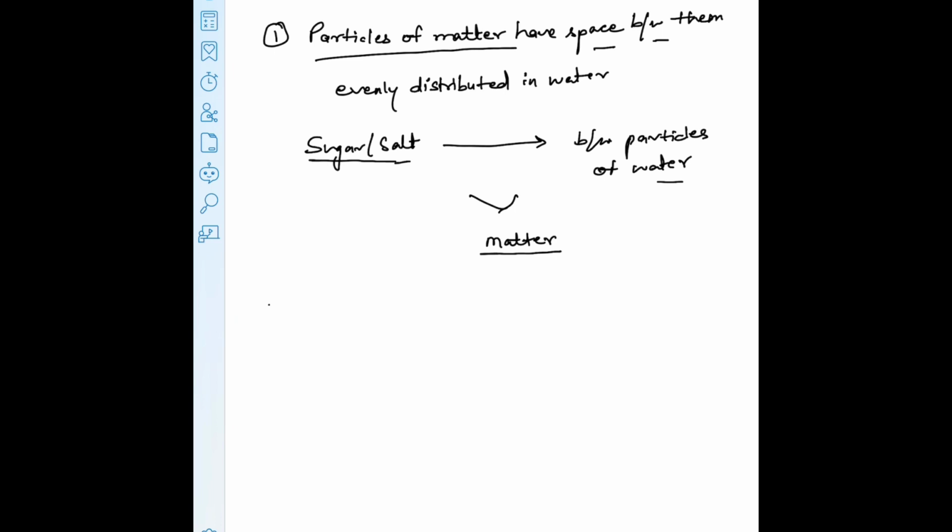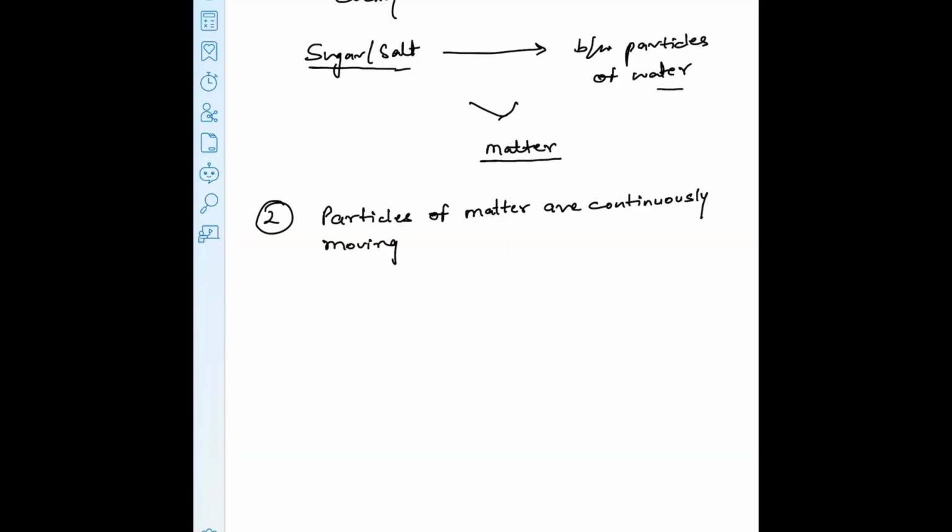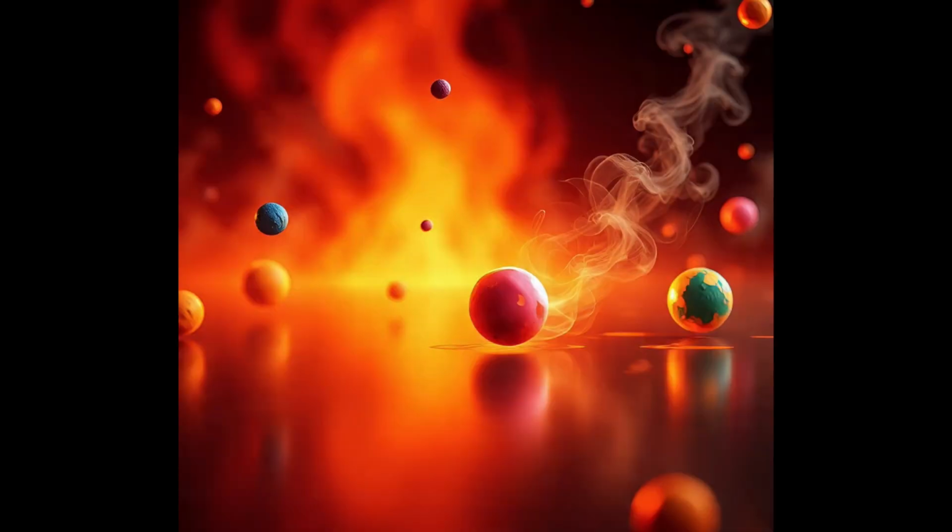Second characteristic is particles of matter are continuously moving. This means the tiny particles of matter are never at rest. They are in a state of continuous motion, and this motion is called kinetic energy. This motion increases when the temperature increases. We can also say that heating makes particles move faster.